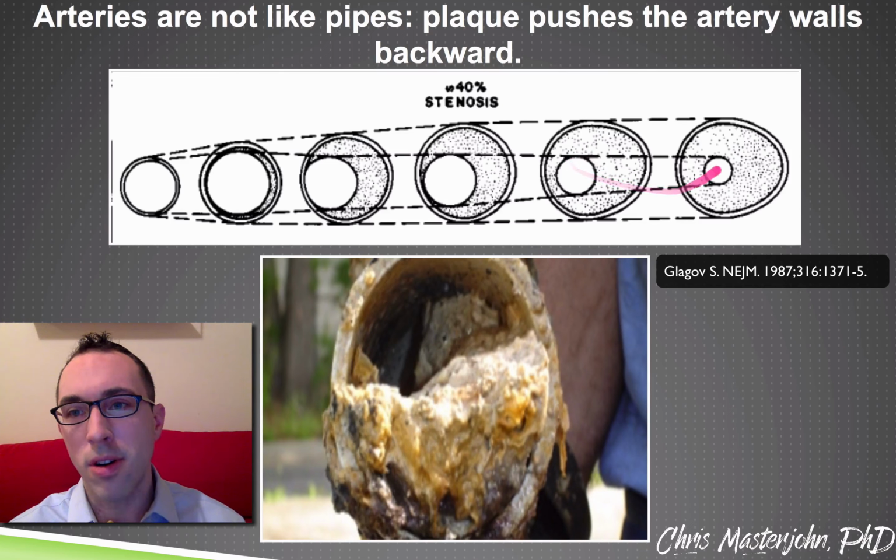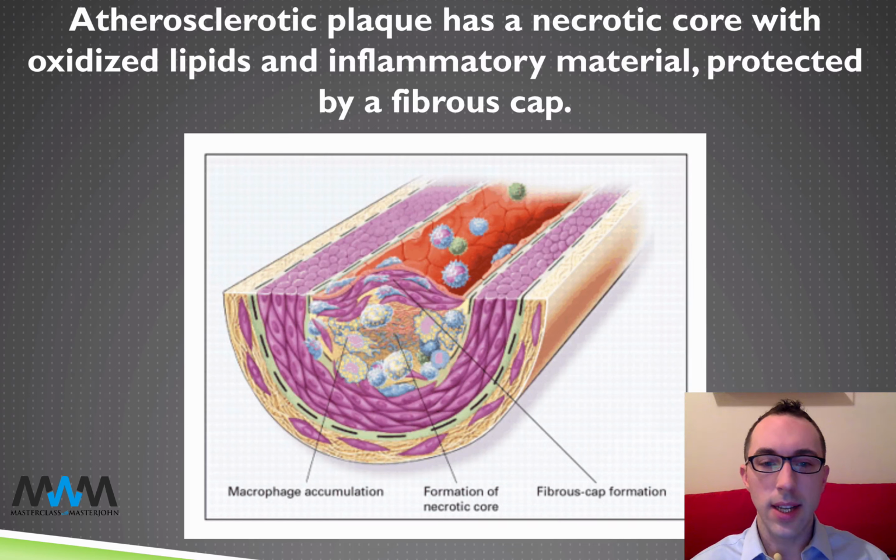If you look at what the plaque looks like, you can see that it is not passively settling in the artery. It's being actively constructed by the immune system. Shown here is a plaque where you can see the artery in cross-section, and this red layer is the endothelium. Inside here is the lumen where components are floating in the blood, and inside the plaque, what you see is a couple things.